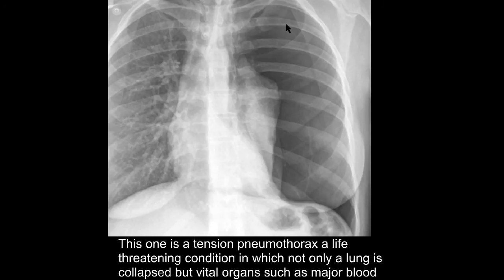They come in all sizes. Pneumothorax can be very small, or as big as this one. So this is the collapsed left lung, and the trachea and the heart are shifted towards the right side because of the pressure of this air in the pleural cavity.